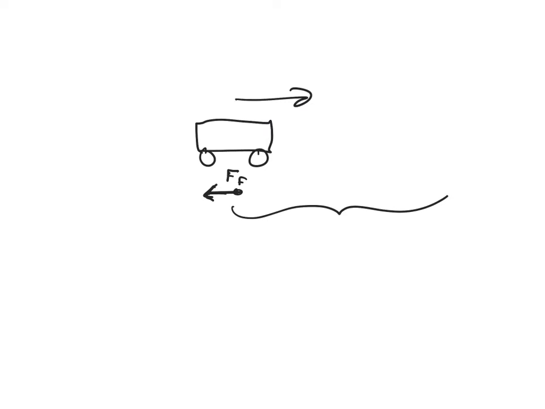That force is acting along that whole distance that the cart is traveling. We know that work is equal to force times distance. In this case, the force is opposite the direction of the cart movement. So the force is to the left if the cart is moving to the right, because friction is always opposite the direction of motion. And so what this means is that we have negative work being done on the system.